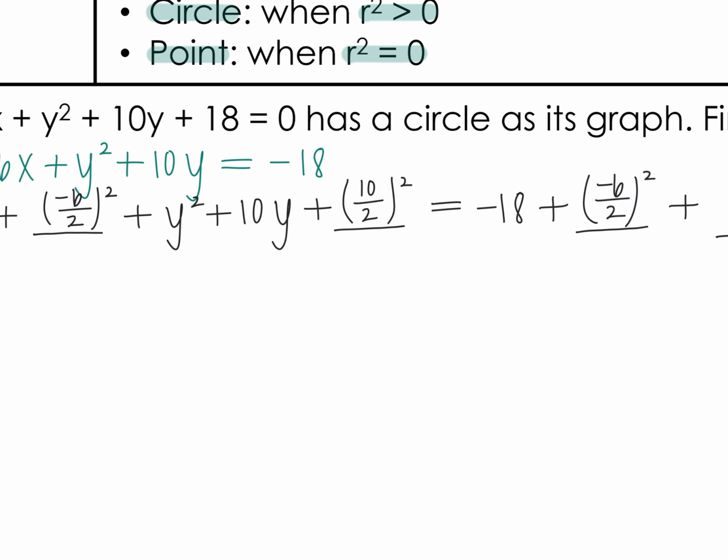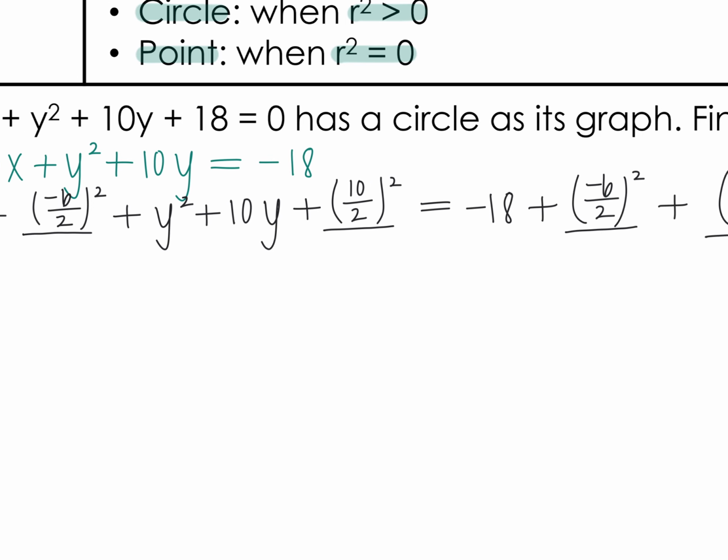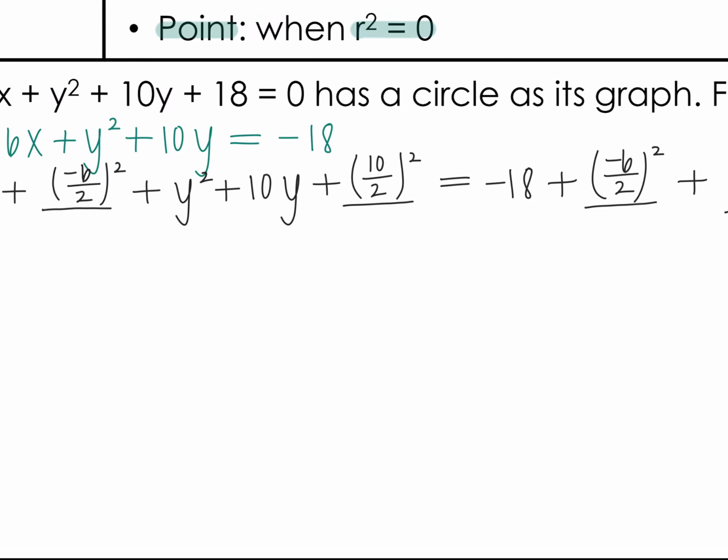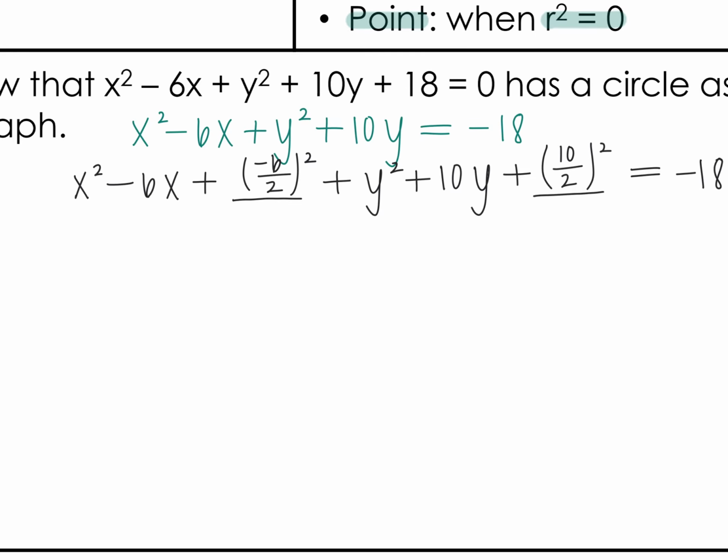Here I have my negative 6 being divided by 2 and squared, and then I have my 10 being divided by 2 and squared. So my equation is still equal. Once again, you don't necessarily have to show that step, but for some of you, it might be helpful.